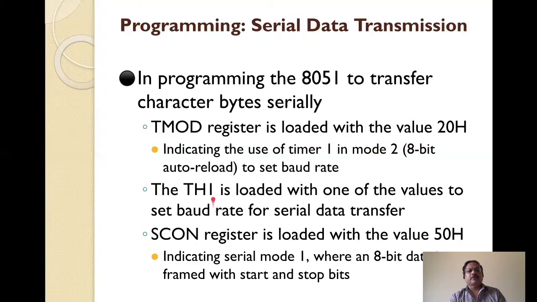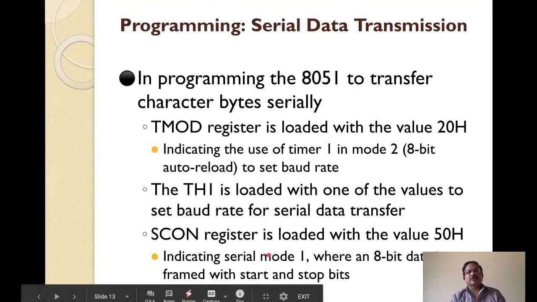Similarly, we need to initialize the TH1 register with the value as per the requirement of the baud rate. Then SCON, that is to be loaded with the value 50H to indicate that the serial port is to be used in mode 1 with 8 bits of data along with 1 start bit and 1 stop bit.